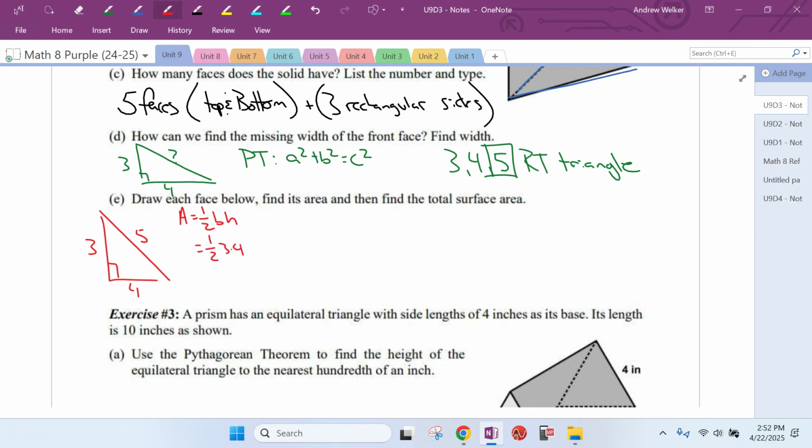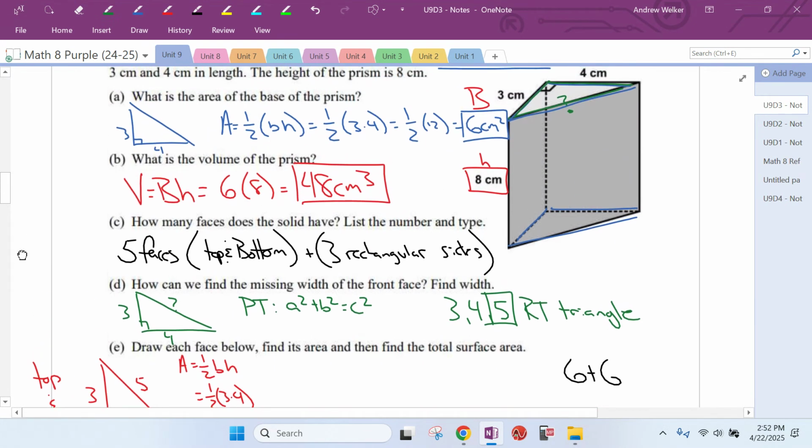Oh, I think we already did this one. That ended up being 12, so I ended up with 6. But remember, this is both the top and bottom, so there's 2 of those. So over here, I'm going to write 6 plus 6. Those are the first 2 faces of our triangular prism.